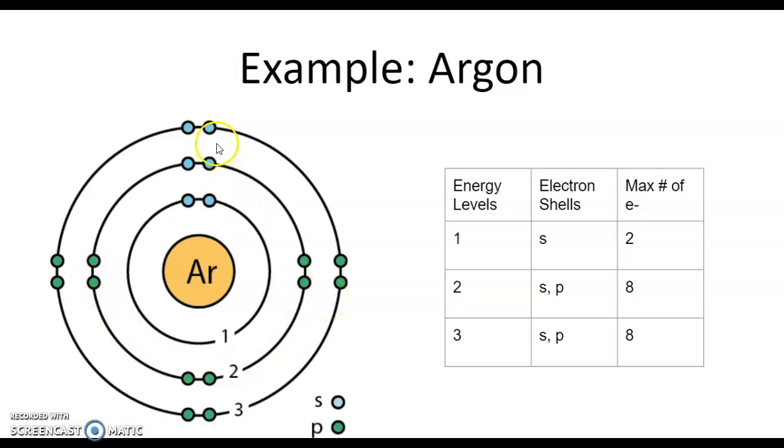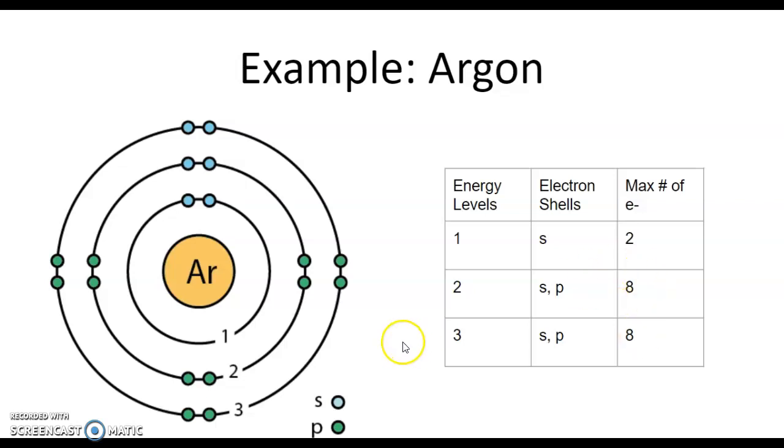Now we have another S pair right here, and the P shell is going to be able to hold 6 electrons. The whole point of this Bohr model is a way of depicting elements based on the structure of their electrons. It's another way that we can figure out what something is made up of and how it's going to react with other substances, which is the basic foundation of chemistry.